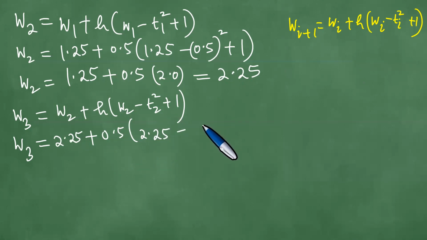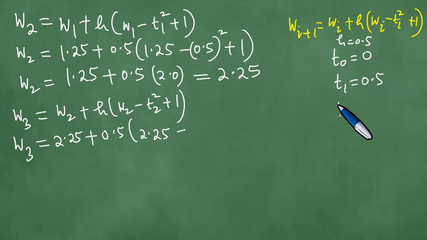What is T2? We have already seen that T0 is 0 for the initial value, and then T1, when we add 0.5, because our h is 0.5, is 0.5 here. Our T2, if you add 0.5, is exactly 1. For consistency, we can write to 1 decimal place.